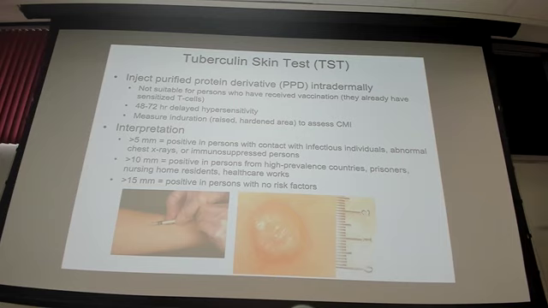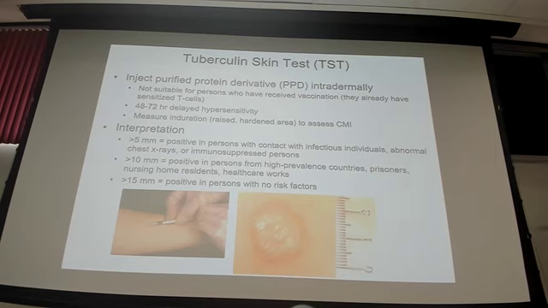And how we measure this indurated spot on the skin is simply by taking out a ruler and literally measuring its size. And we take into account exposure risks, like whether or not you've had contact with known infectious individuals, whether or not you have chest x-rays that are positive, maybe travel history, I don't know.